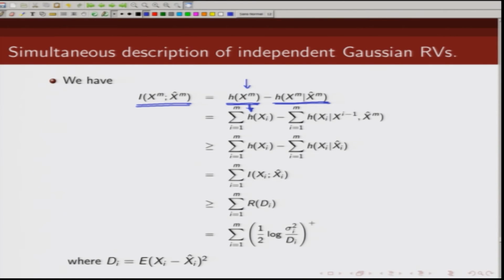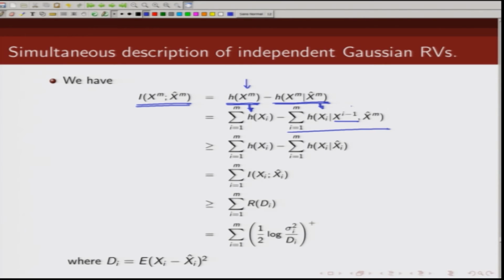And similarly I can write this h of x^m given x hat of m, which is basically x1, x2, x3, up to xm given x hat of m, in this particular fashion. Now xi is conditioned on the sequence x hat 1 to x hat m.